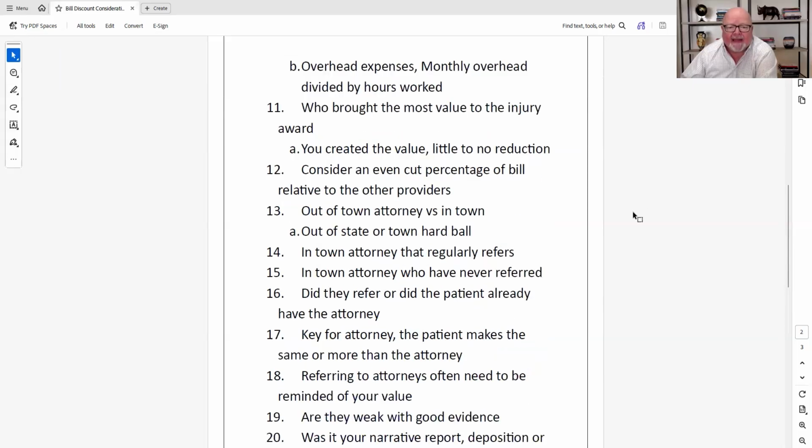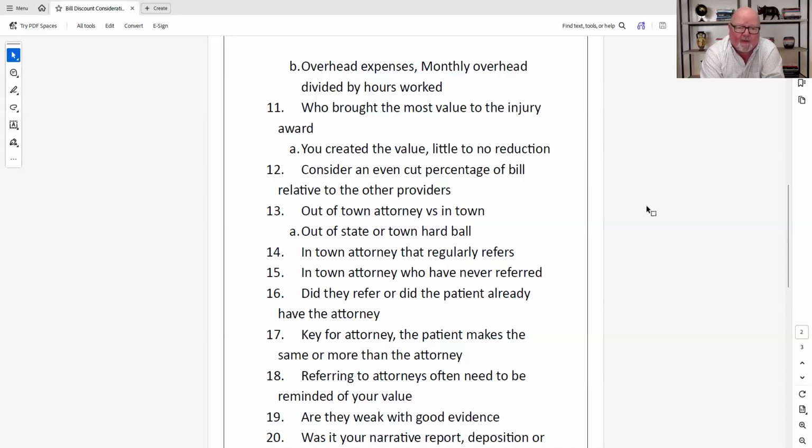Okay, consider an even cut percentage of the bill relative to the other providers. On a percentage basis, if everybody's taking a 20% discount, you're just going to look really bad by not taking a 20% discount. When they do a discount, you'll find it's typically a 20% professional discount.